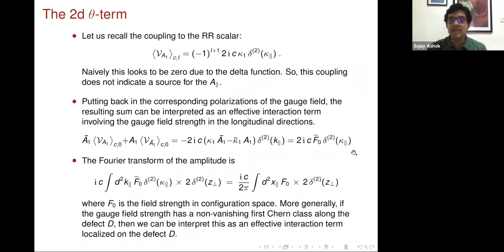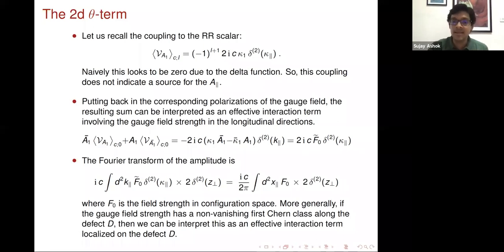So in fact, what it is telling me is that this Ramond sector coupling is showing me a coupling on the world volume of the D brane between the Ramond sector scalar C and the gauge field on the D brane. And if you do this Fourier transform carefully, you'll find that it localizes along the defect. So all these factors and so on are such that the Fourier transform precisely gives you an interaction that is localized on the defect.